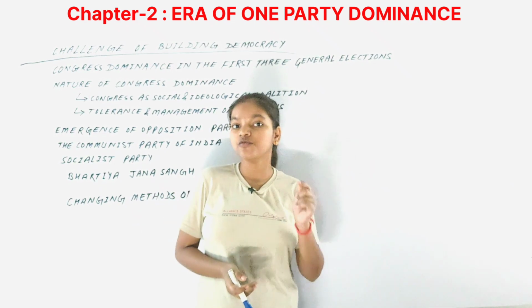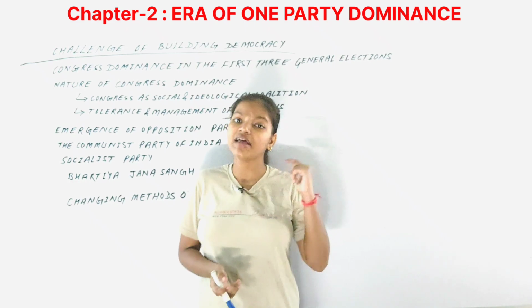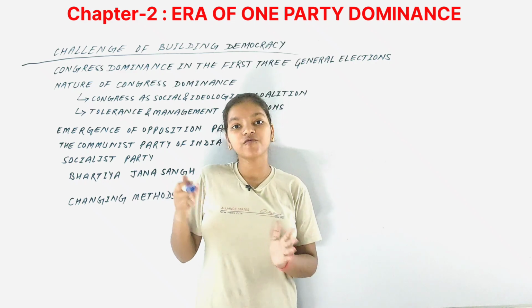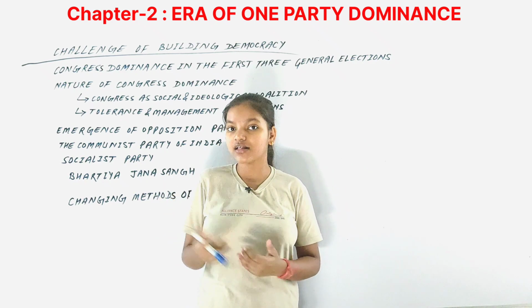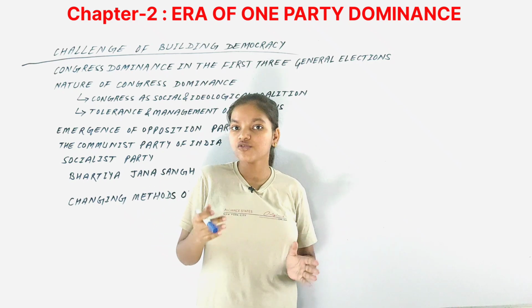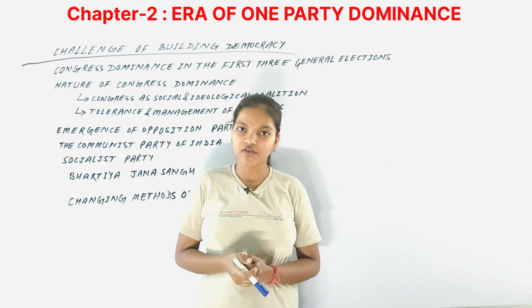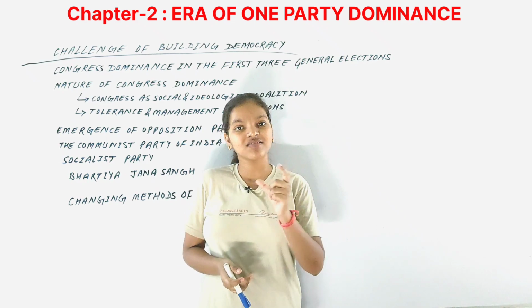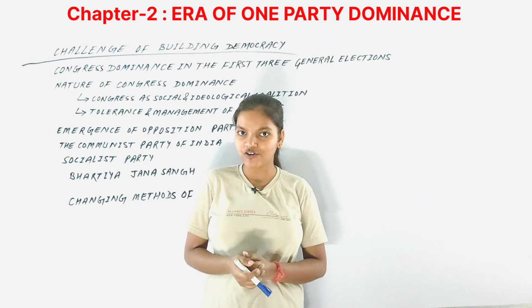The right to vote was not given to women in many European countries even at that time, and India at first go, just after independence, gave universal adult franchise. That means the right to vote to every adult citizen of India, and that is why it was considered a very bold and risky decision by the Indian leaders.